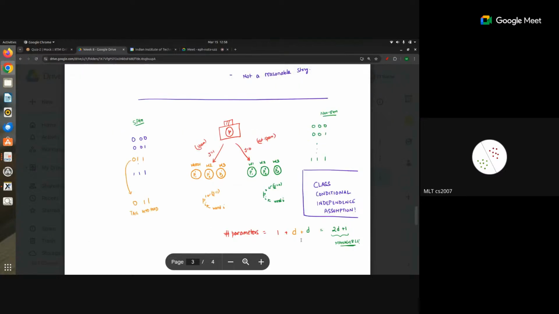Do you think that the same kind of feature will also appear on the spam side, and the same thing can appear on the non-spam side? Is it possible? Yes, right. If you're writing an email, maybe the same email might be a spam email, and might be a non-spam email.